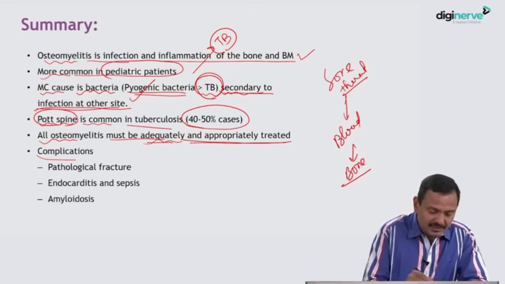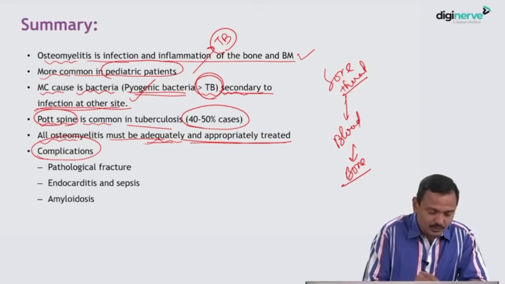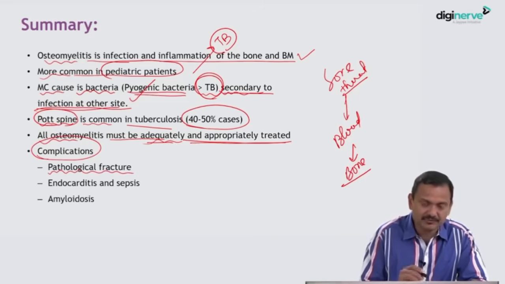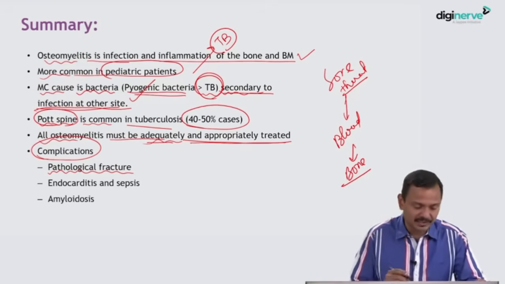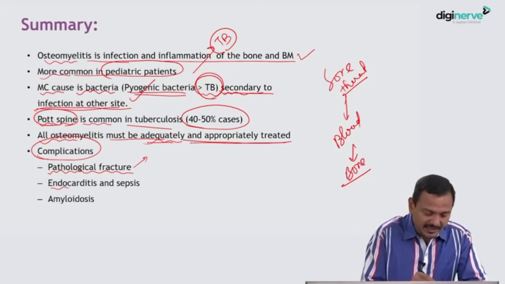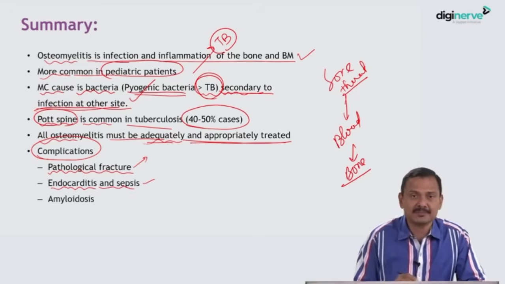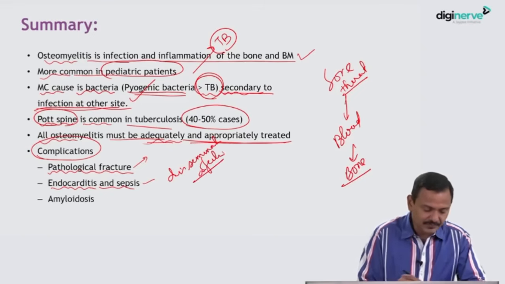So, the complications associated with osteomyelitis. Now, the most common is pathological fracture, because the bone becomes weak. There is a chance that weight bearing bones will break. There can be endocarditis as well as sepsis because of dissemination of the infective organism.